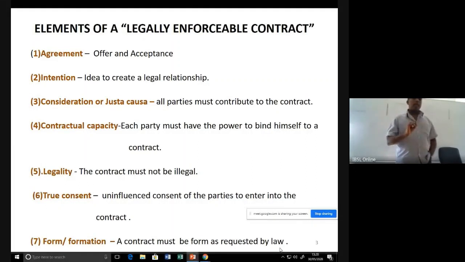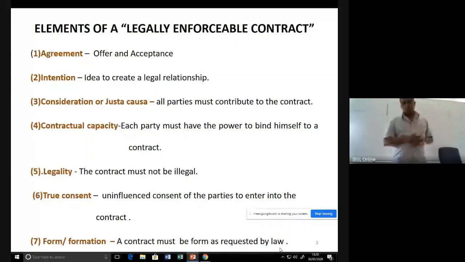When I say this, remember that not all the contracts that we enter with others are legally enforceable.